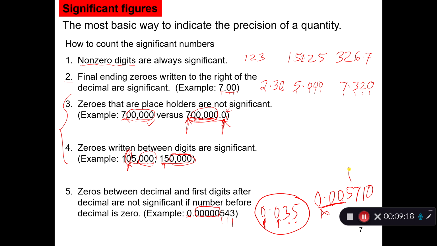So 5 is significant, 7 is significant, 1 is significant, and this last 0 is significant because it is on the right side of the decimal, and in front of it there are non-zero numbers. So this number, 0.0057110, has 1, 2, 3, 4, 5 significant figures.